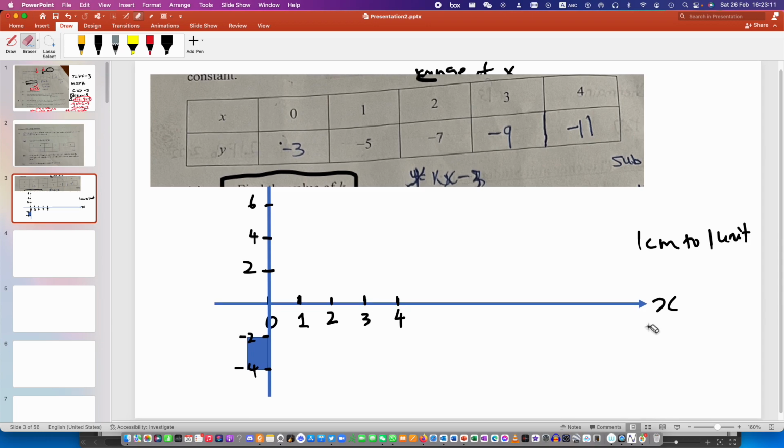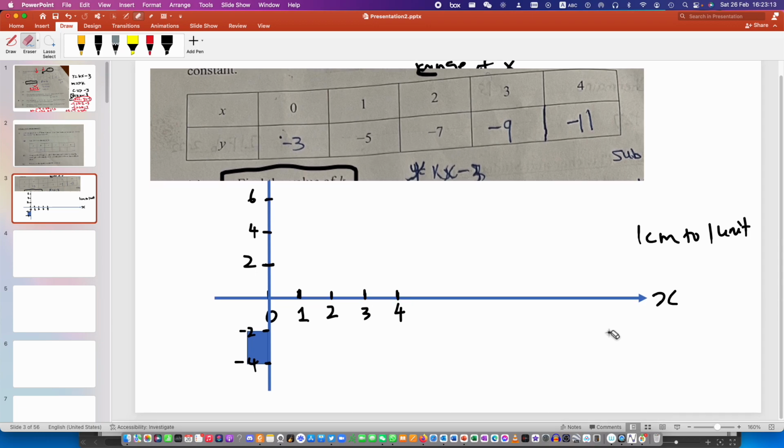Negative side, yes. So it looks like I run out of space. Can you see? I run out of space. So what do I need to do? If during the exam you realize you run out of space, I'm going to show you how.